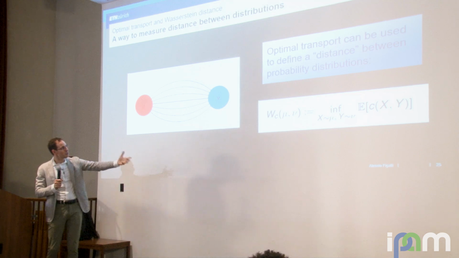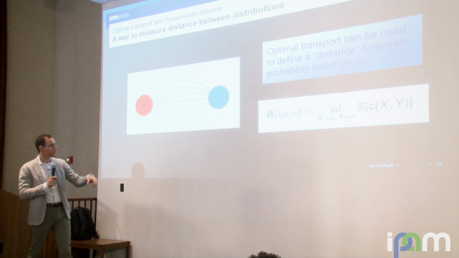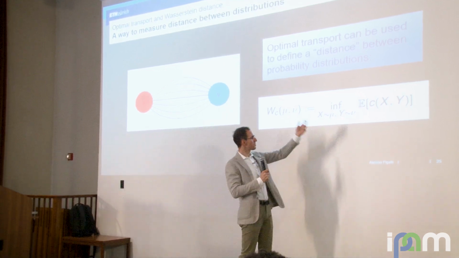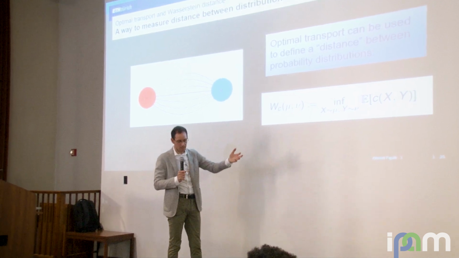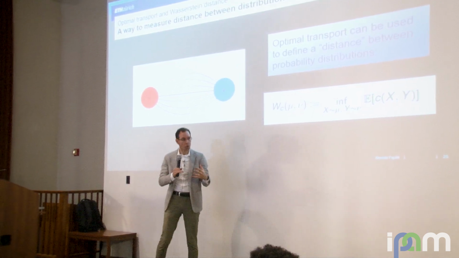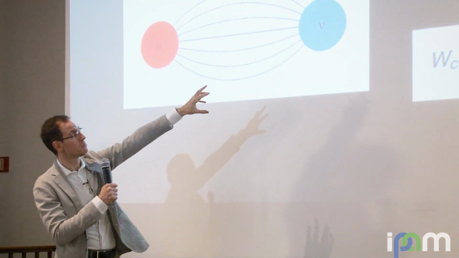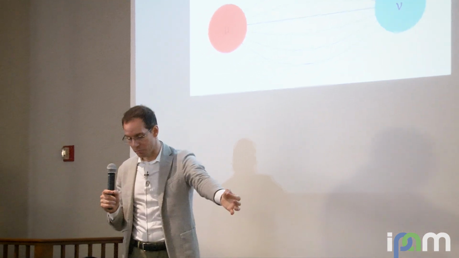And then you define the optimal transport distance between mu and nu by, okay, for mathematicians this makes sense. For non-mathematicians it just means, let's say, the minimum. So you look at all possible ways of moving mass from mu to nu, and to move 1 unit of mass from x to y, you pay c(x,y).